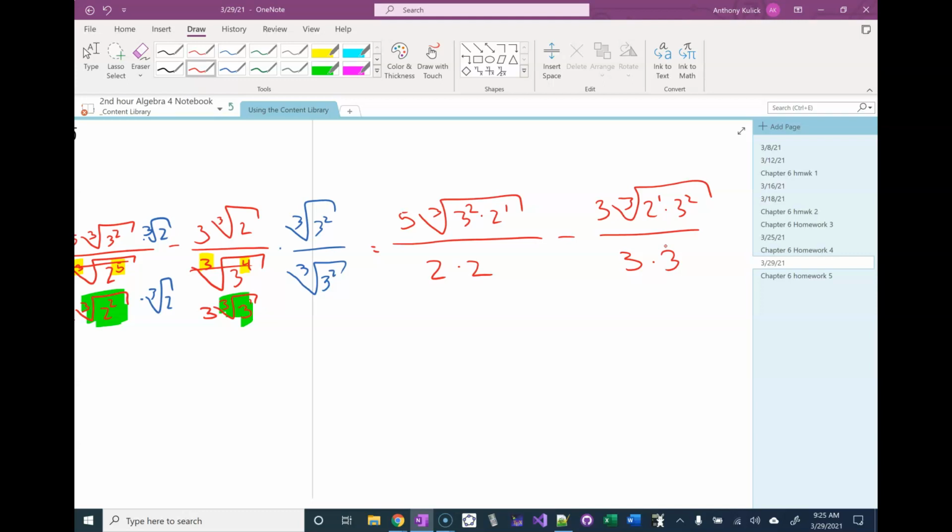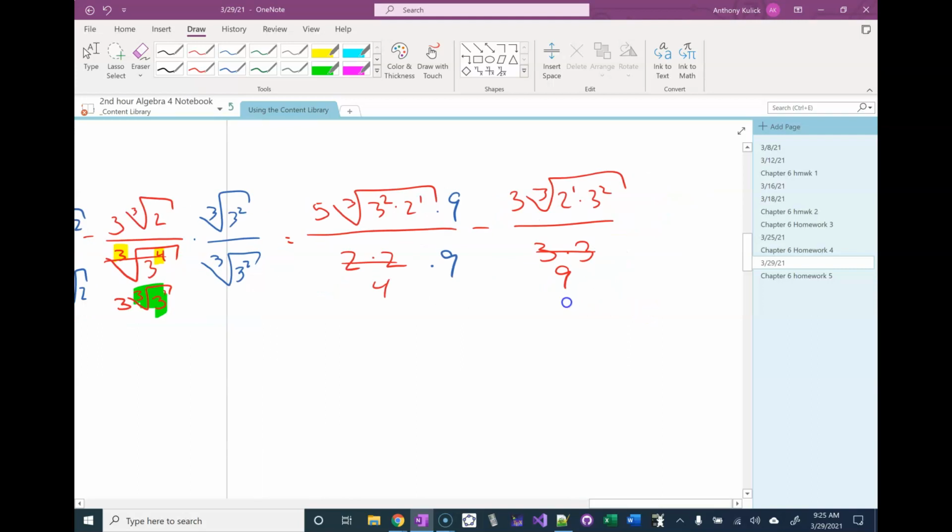Cool there. Now, 2 times 2 is just 4, 3 times 3 is just 9. To subtract these, I'm going to need to make a common denominator. The common denominator between 4 and 9 is 36. So the first fraction I'm going to multiply by 9 over 9. The second fraction I'll multiply by 4 over 4.